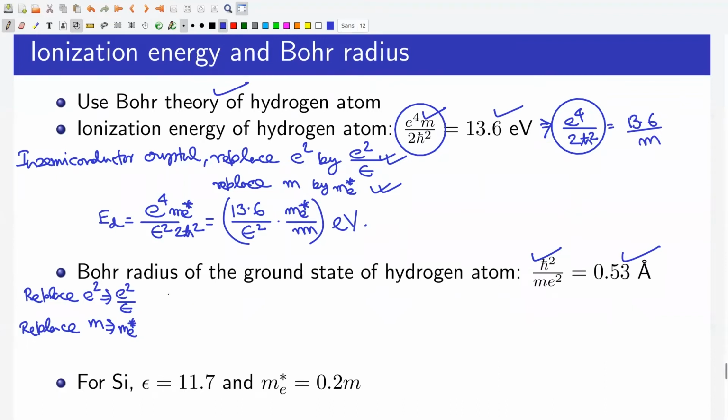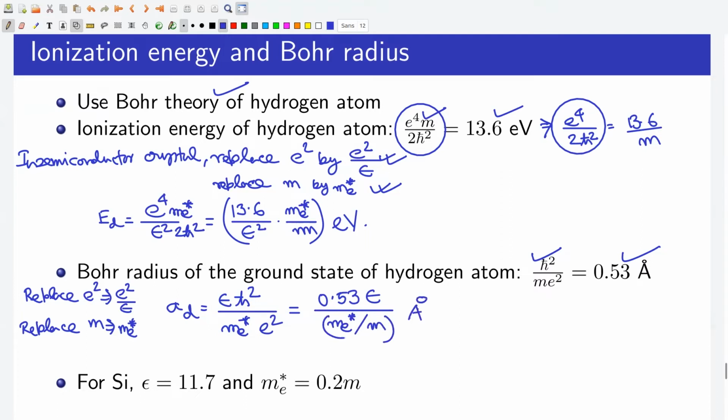If we do that, we get the Bohr radius of the donor atom, AD, equal to epsilon times h bar squared divided by me* times e^2, which is equal to 0.53 epsilon divided by me* divided by m angstrom.